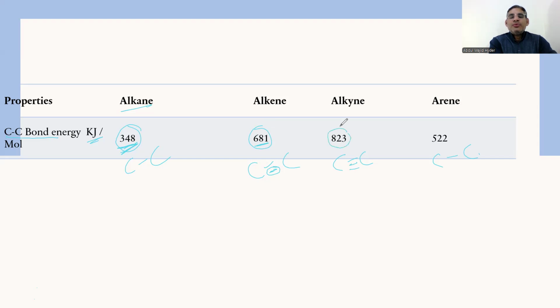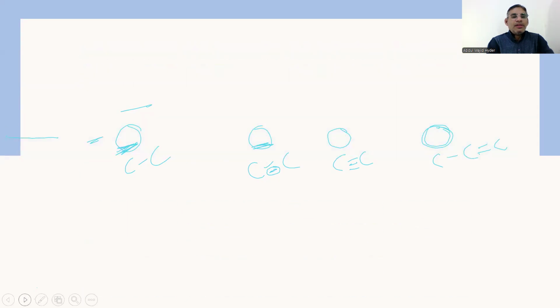So 823 kilojoule per mole, and in arene, it will be lesser than alkene, but greater than 348, that is 522 kilojoule per mole. So that's the point. Now this was about the CC bond energy there in kilojoule per mole.